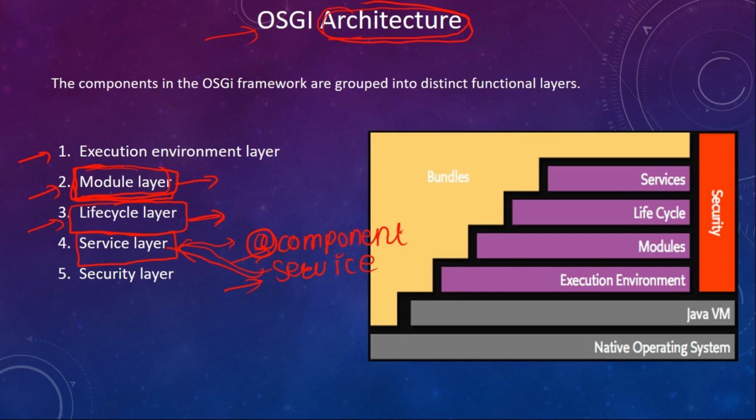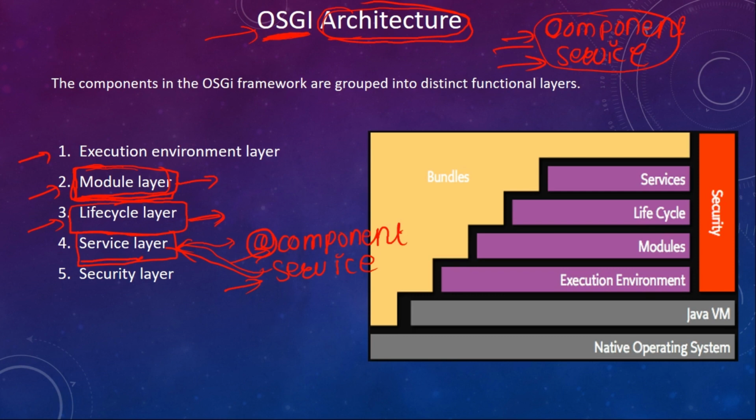Whenever you are writing OSGI code, we have only two options: you can write the OSGI code in your OSGI component, otherwise you can write it in your OSGI service. If you want to write OSGI, you can simply use these two things, and both reside in your service layer.